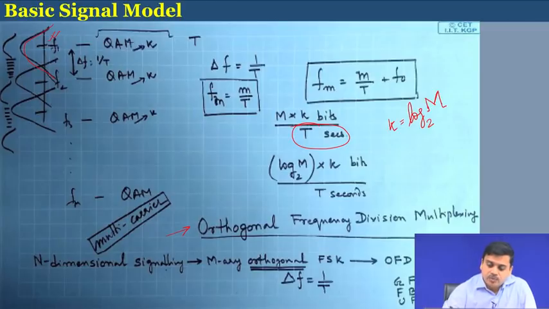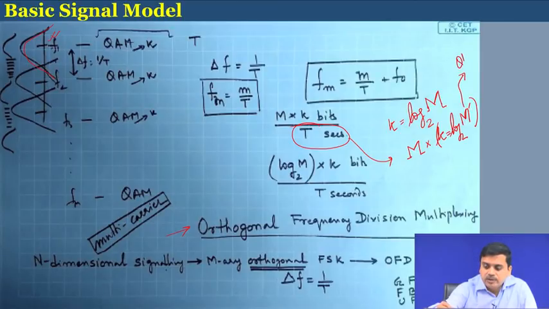Whereas here, at every time instant T, you are sending M parallel signals, and each parallel signal is going to carry k bits, equal to log base 2 of some M prime, which in this discussion is by virtue of QAM signaling.